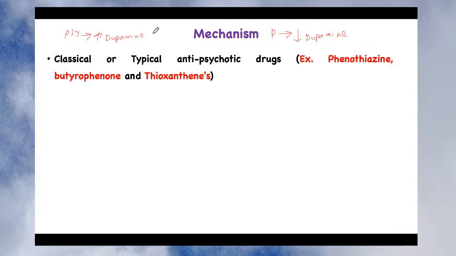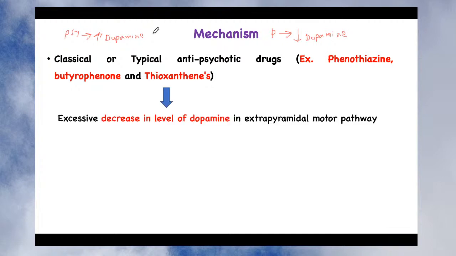Classical or typical antipsychotic drugs, for example phenothiazine, butyrophenone and thioxanthene, produce an excessive decrease in the level of dopamine. Why? Because you are giving an anti-dopaminergic drug. You are giving a drug which can block dopamine so that you can control this excessive increase in the level of dopamine, isn't it?